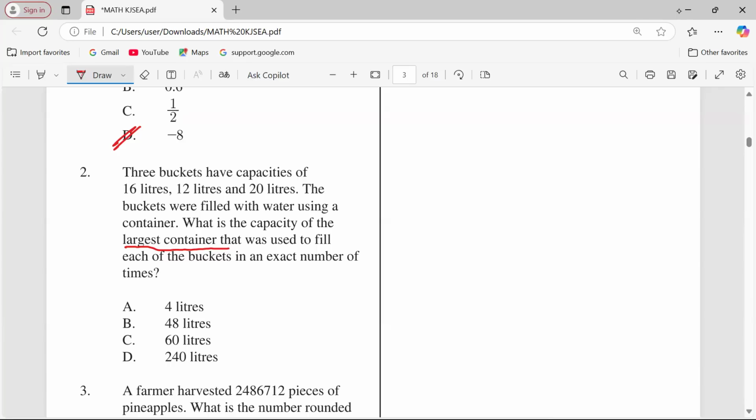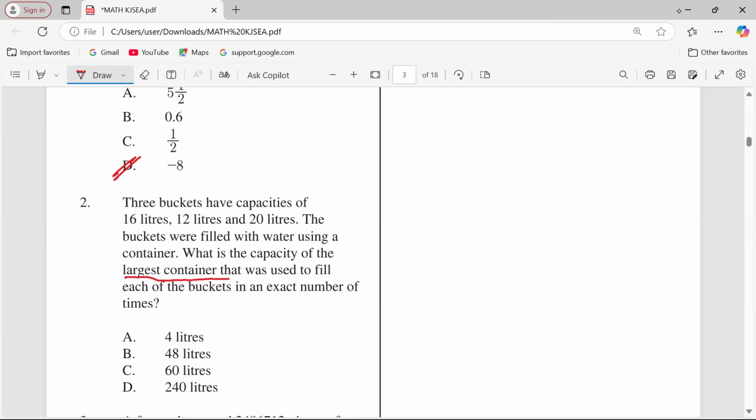Therefore, this is an indication that we are going to get a container which can divide all these capacities. So we need a divisor, the greatest divisor. Mark the word largest container. So we need a GCD.